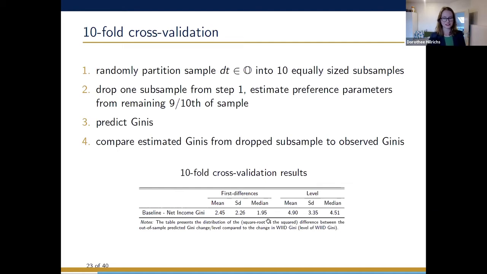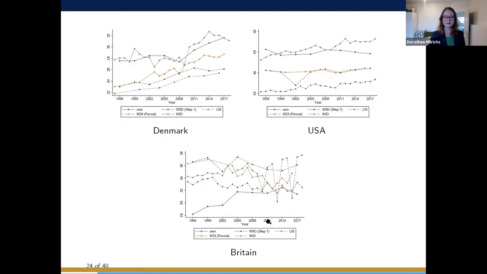What does this mean? Is this large or is this small? To qualify these numbers, we think it's useful to compare for several countries across the different data sources that we have, because for some countries we really have a lot of different data sources. What I show you here is our estimates, always in red.